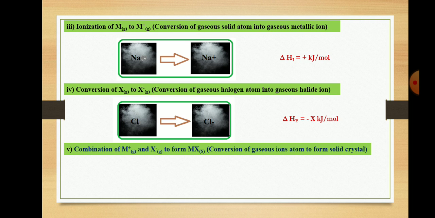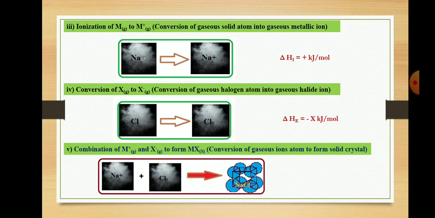Now the last step, students, the combination of M plus gas and X minus gas to form MX in solid state, that is conversion of gaseous ions to form a solid crystal. So we get sodium cation combined with the Cl minus ion, that is chloride ion, and we get NaCl in solid state.